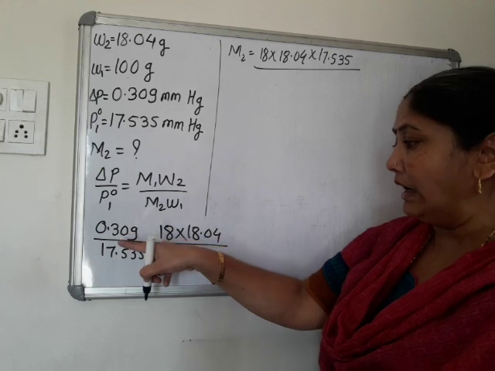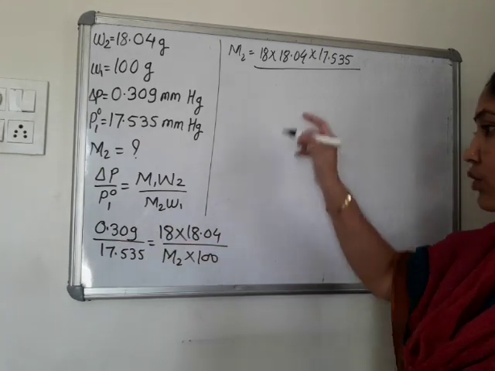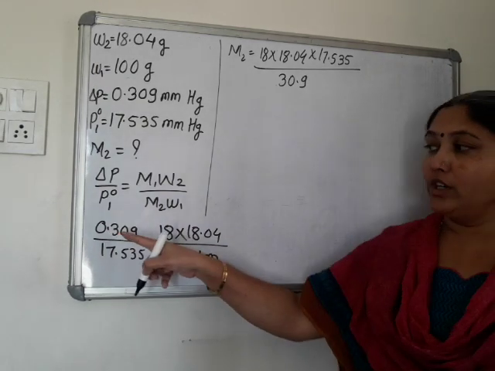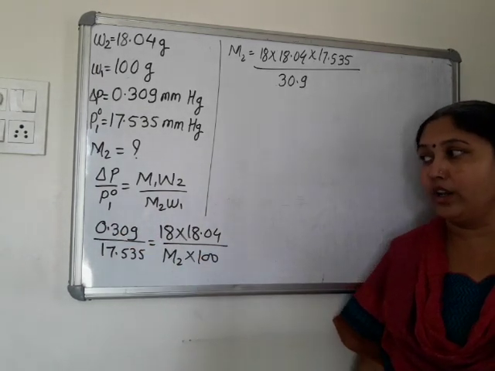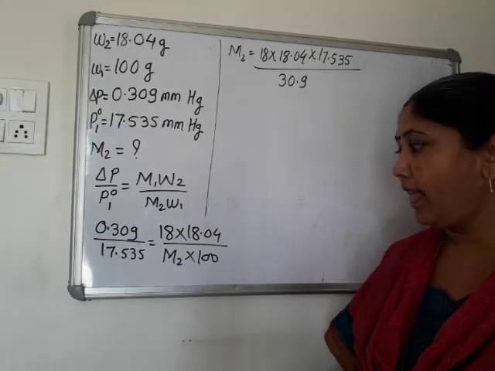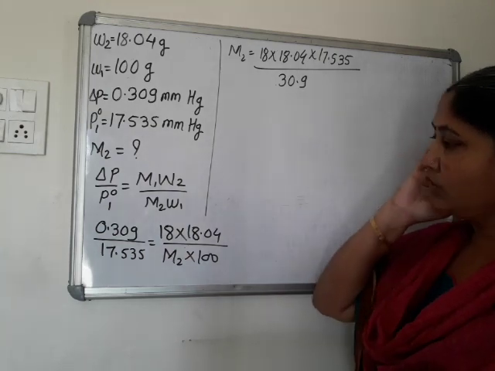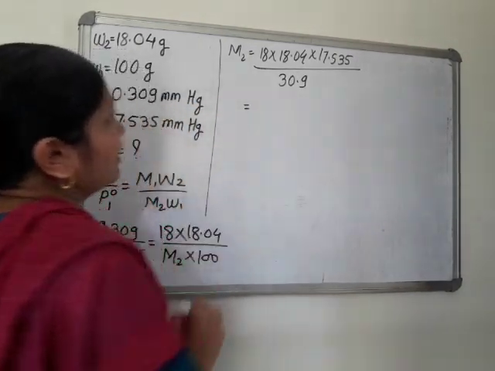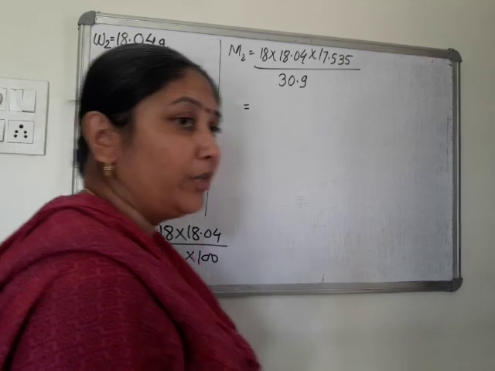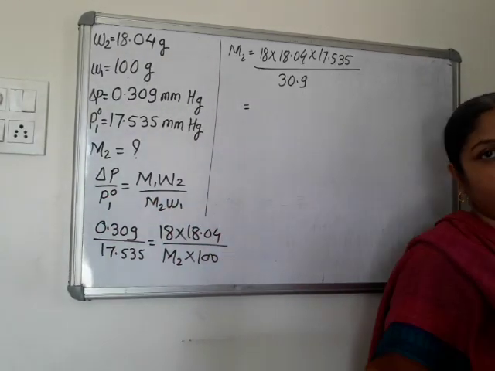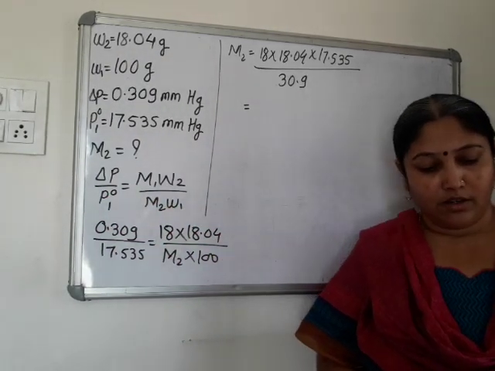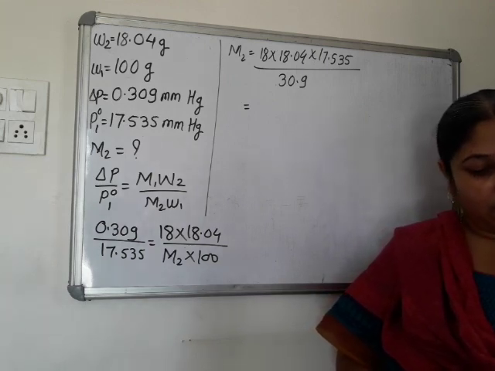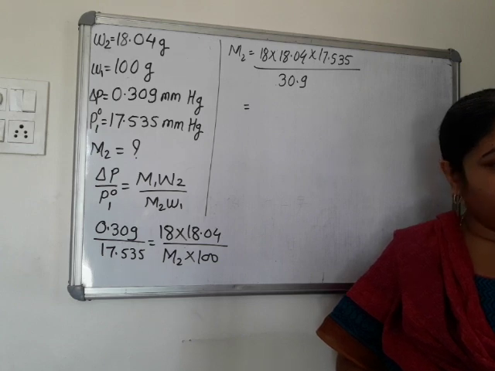Shall I multiply it by directly 100? So this value will be equal to 30.9. Correct na? 0.309 into 100. So 1, 2, 3. Yes, so it is 30.9. Simplify this. Take the log of numerator and log of denominator, and calculate.